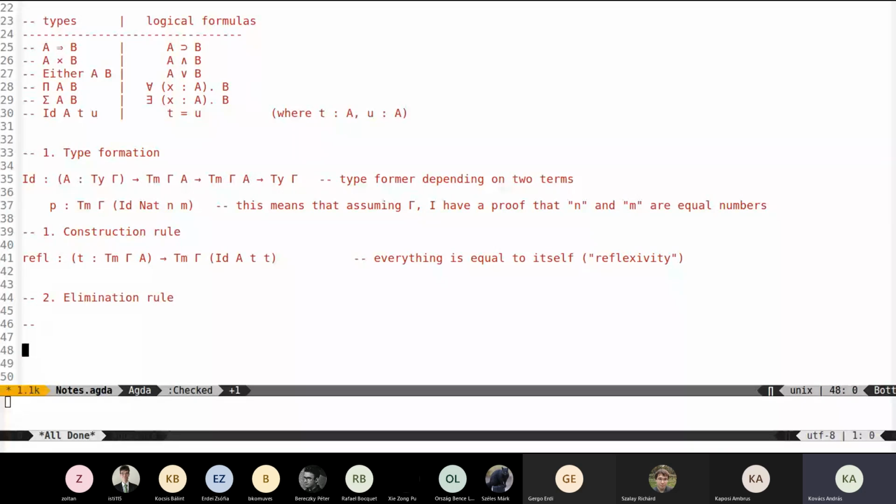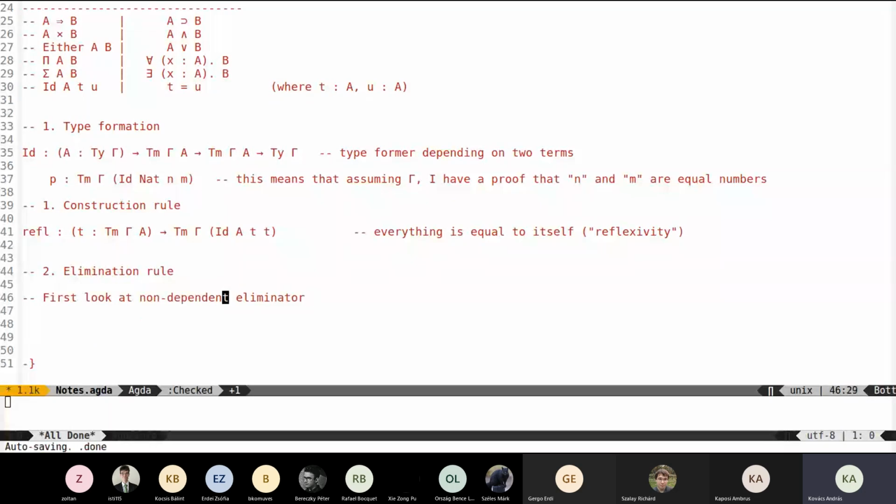So I think it's a good idea to first only look at the non-dependent eliminator. And in the case of Bool, the non-dependent eliminator is the if-then-else. So it's just a way of doing the case distinction on a Bool.